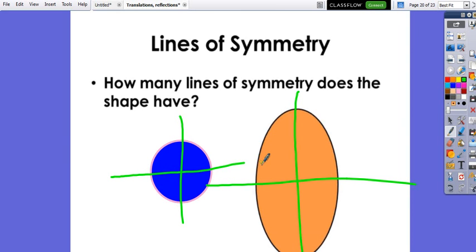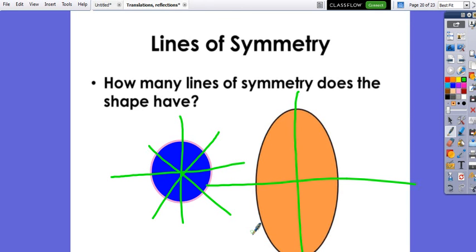Right there, right there. What else? Think about a pizza. Can you cut a pizza into as many slices as you want? Yeah. Now, you can't physically do it to infinite slices, right? But theoretically, there are infinite lines that are lines of symmetry for a circle because it's the same all the way around. So there are actually infinite lines of symmetry for a circle.